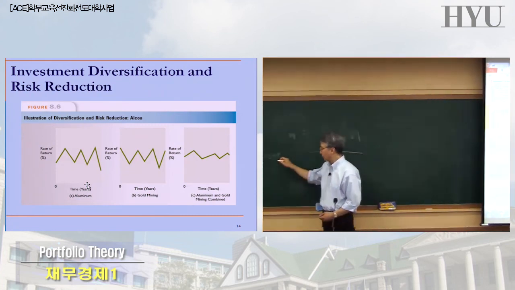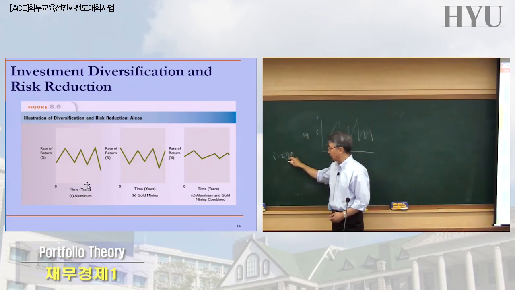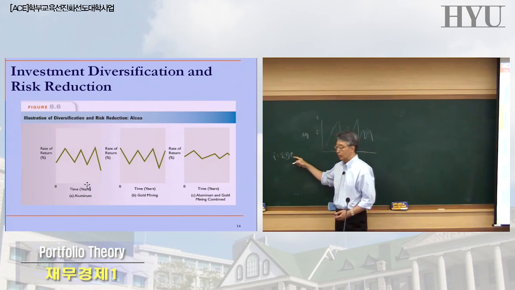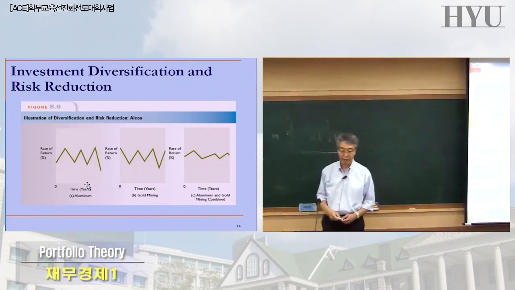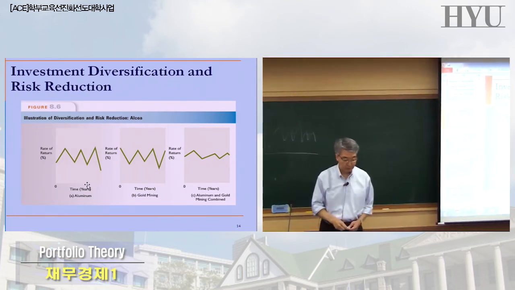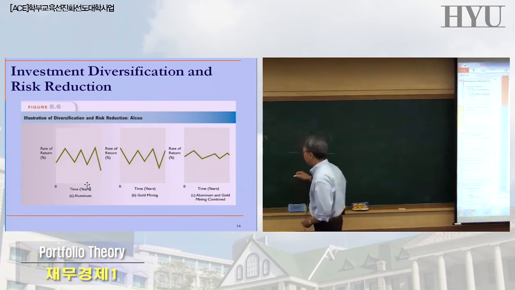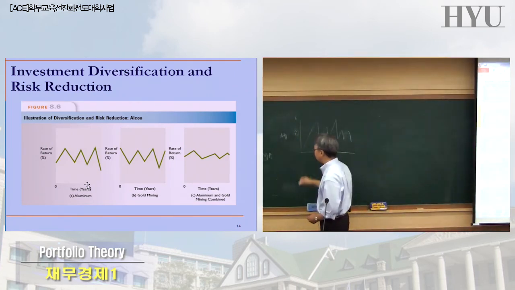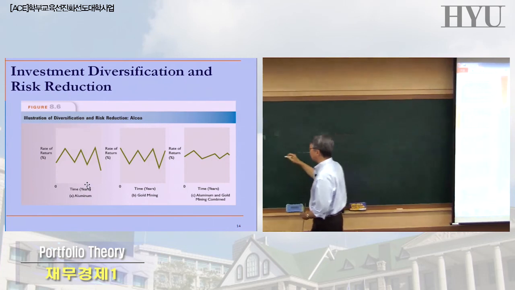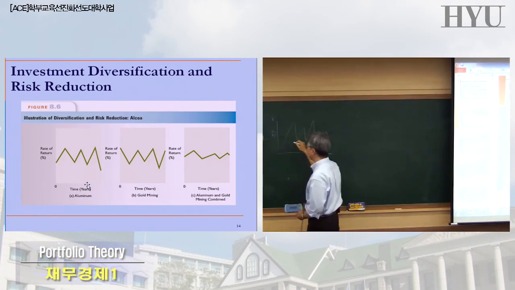We multiply the expected return for, say, recession by the probability of recession, plus the expected return during normal time multiplied by the probability of normal time, and so on. So we're talking about this expected return, or average return.